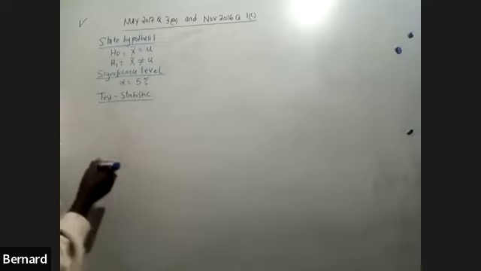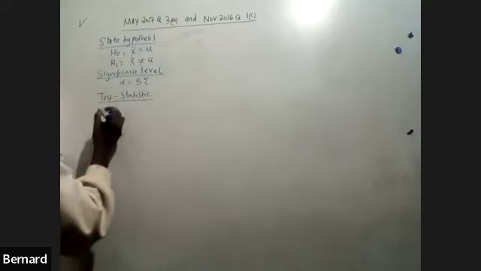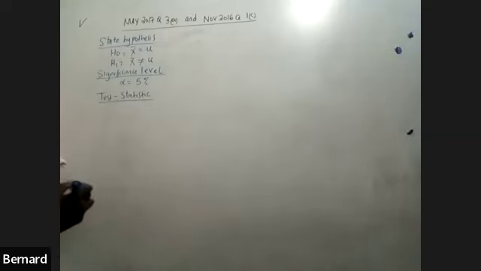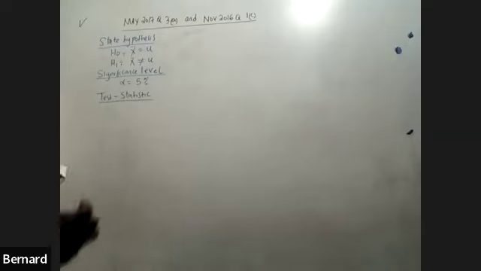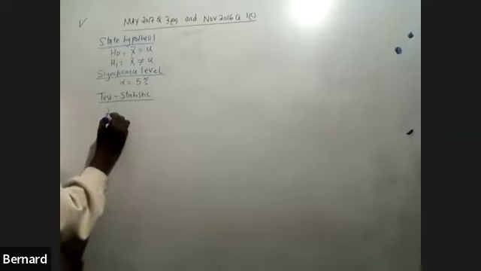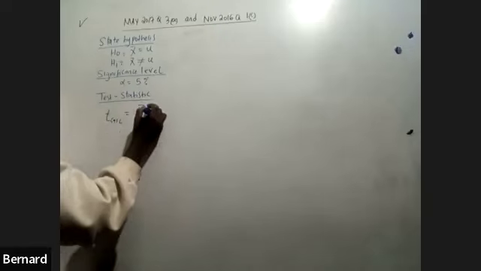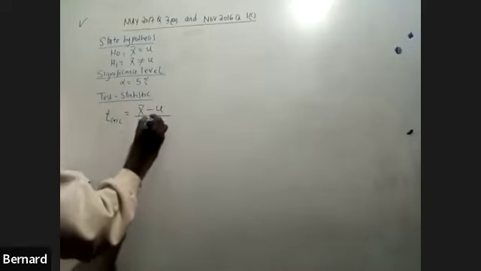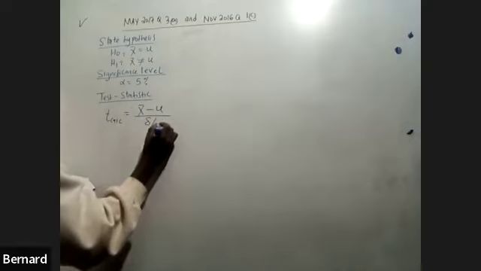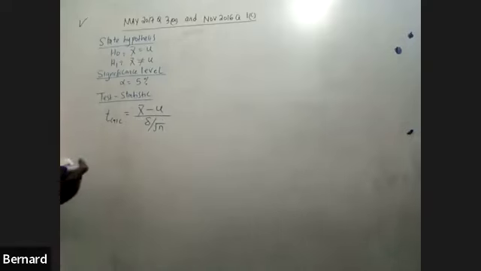Do we use a T test or a Z test? It is a T test. The reason why? Because of the sample size. So the formula is X bar minus mu over the standard deviation over root of N.